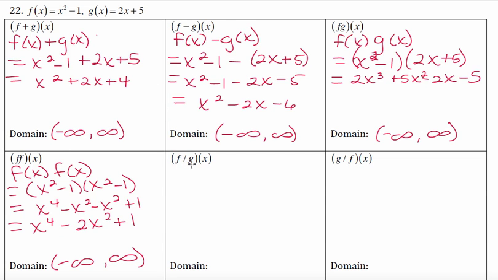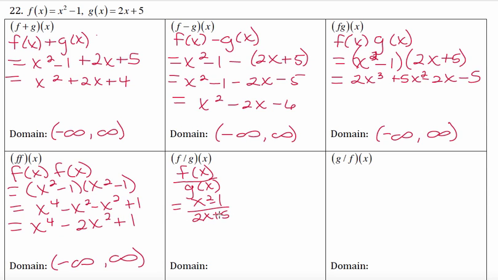And now we have f divided by g of x. So f divided by g of x can be written as f of x over g of x. My f of x function is x squared minus 1. My g of x function is 2x plus 5.